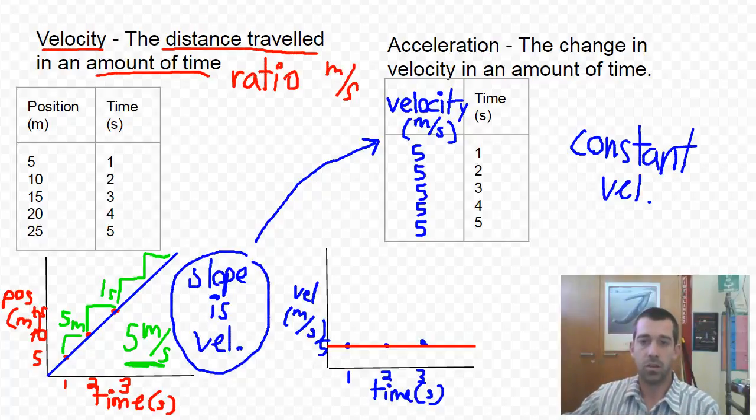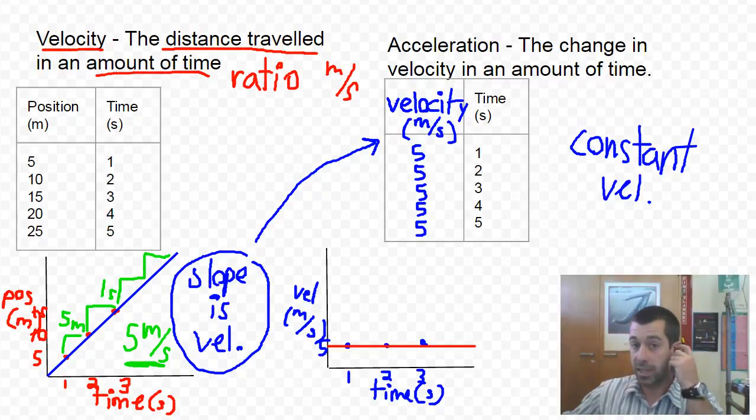Okay, so just to recap, this is a graph of position and time. The object goes the same distance each second, and so we get this nice slope that goes up. This is the exact same data, but we're graphing velocity and time this time. So this is what constant velocity looks like when we're tracking position and time.